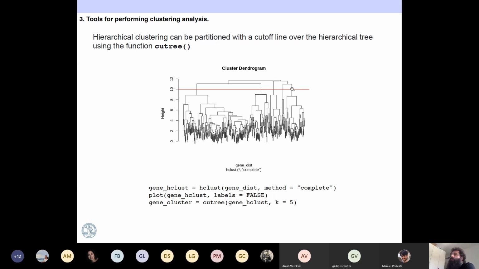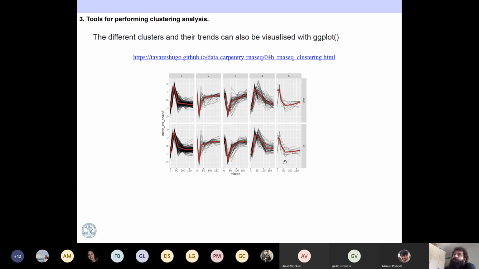So for example, in this case, 1, 2, 3, 4, and 5. So it will cut the tree here and will give you all the different groups. This will be one group, this another one, another one, another one, and another one. So that is an important concept. And of course, you can also visualize the clusters, and you will do that in the exercise using ggplot. That is a very useful part too.